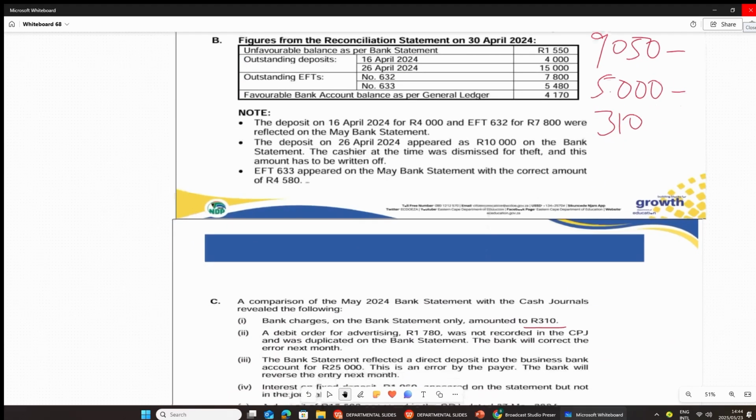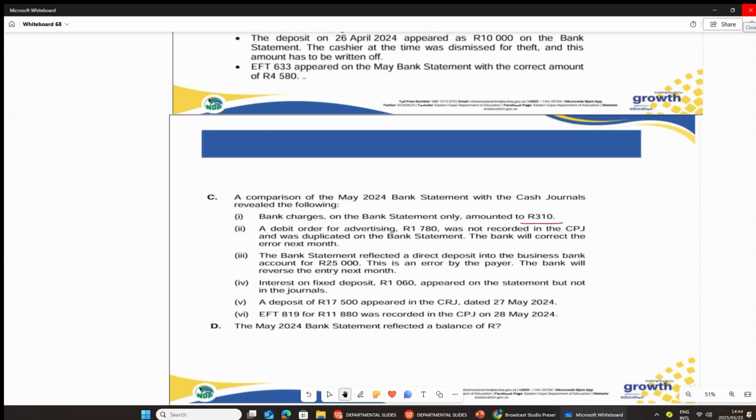Okay, then we continue. By number 2, a debit order for advertising, which we know is an expense, for 1,780 was not recorded in the CPJ, and was also duplicated on the bank statement. The bank will correct the error next month.